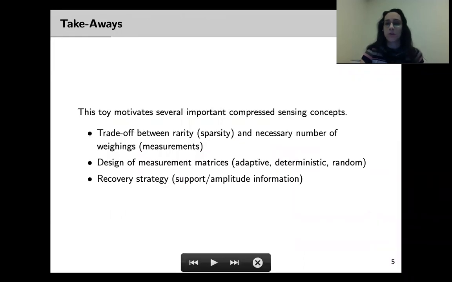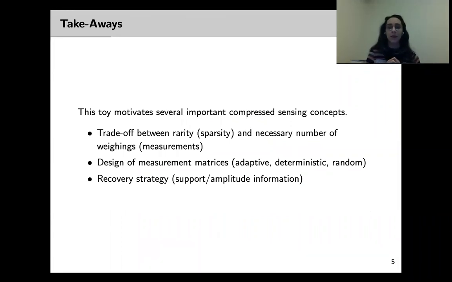And so it illustrates some important concepts in this field of compressed sensing that we need. One of those is this trade-off between the rarity of the ball, most of the balls were the same and only one was different, or sparsity. That means having lots of zeros in our system, our matrix, or our signal, and the necessary number of weighings or measurements.